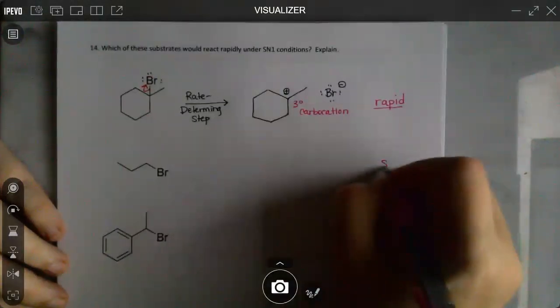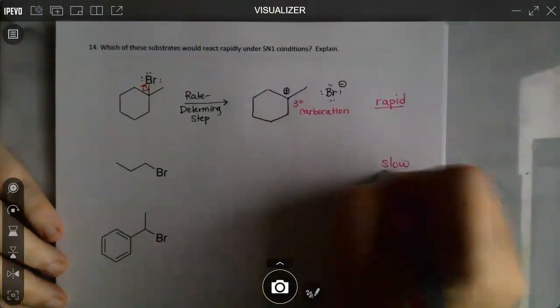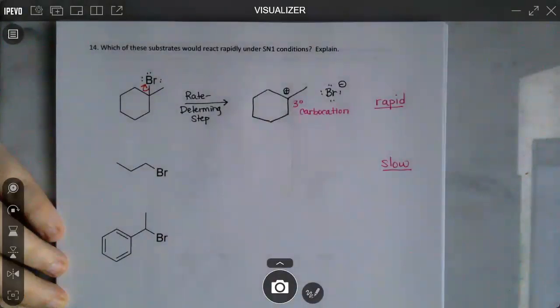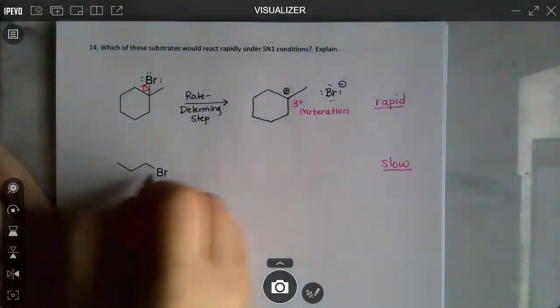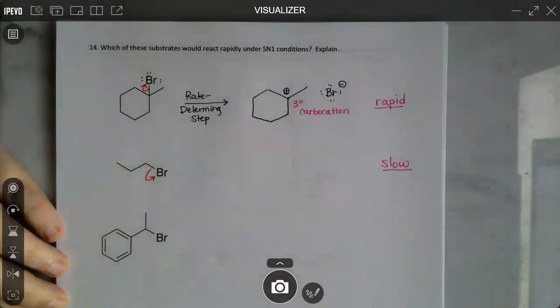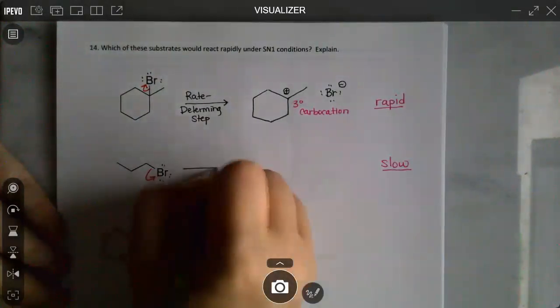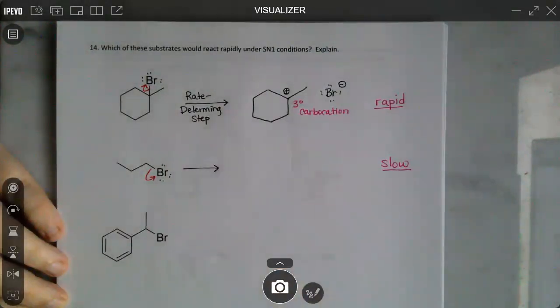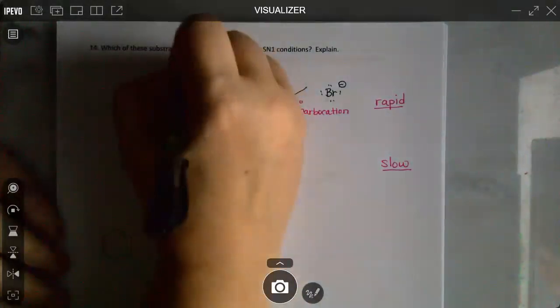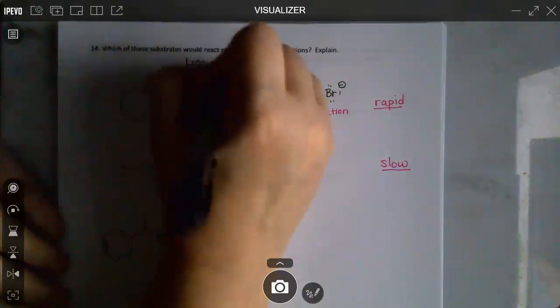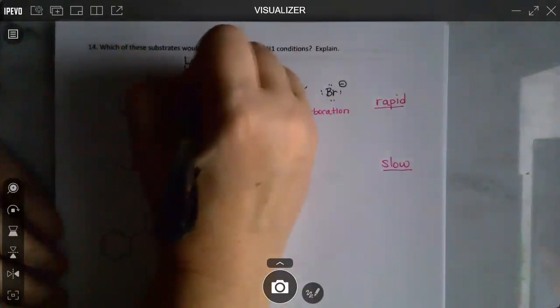Because if we do the same step, the loss of a leaving group, and I should probably write that up here somewhere. So this is loss of a leaving group.